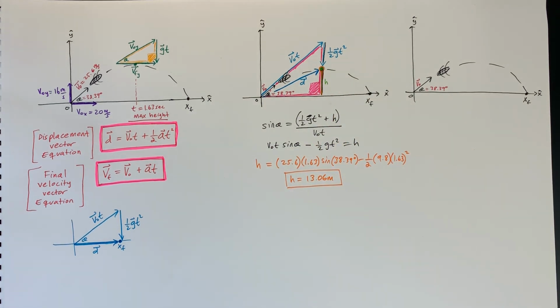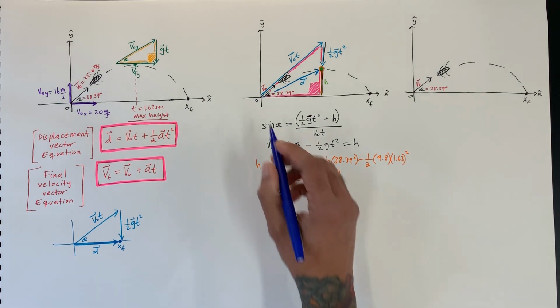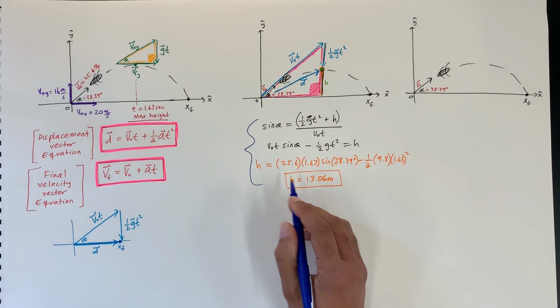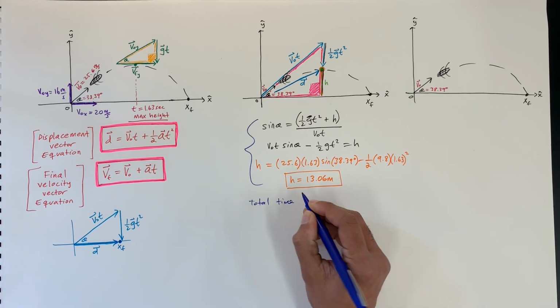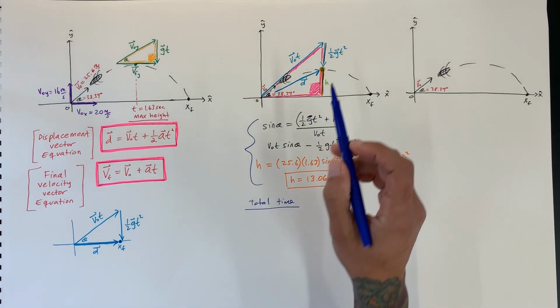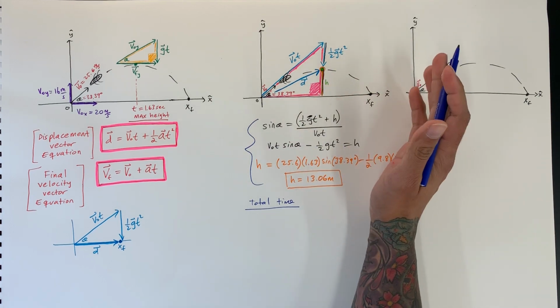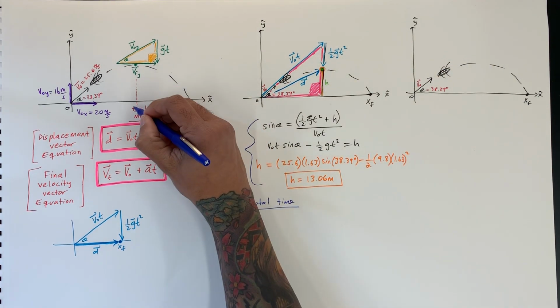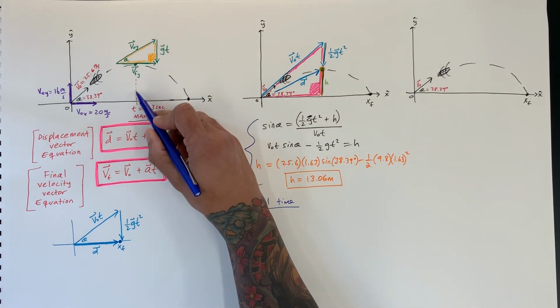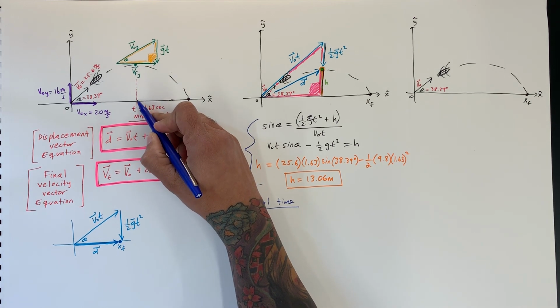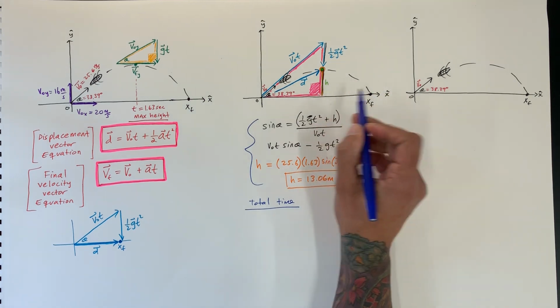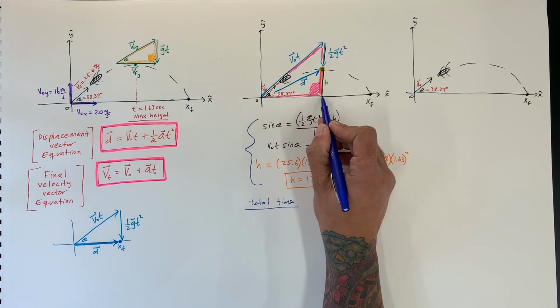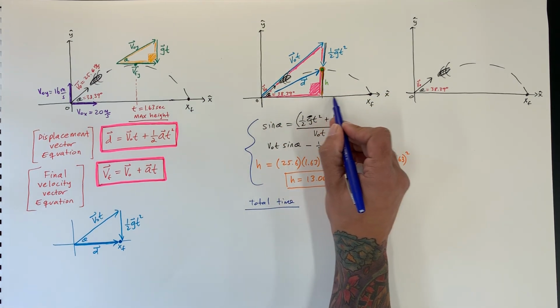Okay, so now total time, let's block that off. So now total time of flight, right, we should be clever with this already. And like I said in the previous video, the time in the middle is the max height, but since this follows a parabolic shape, the time on this side up to the middle is the same thing as the time on the other side.